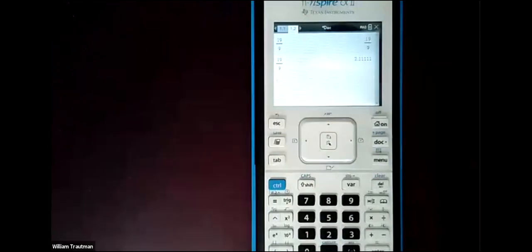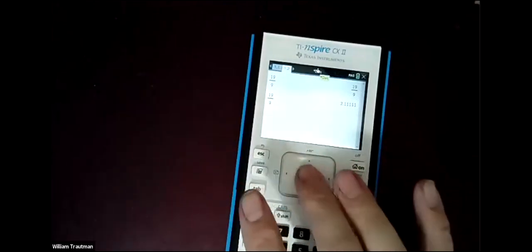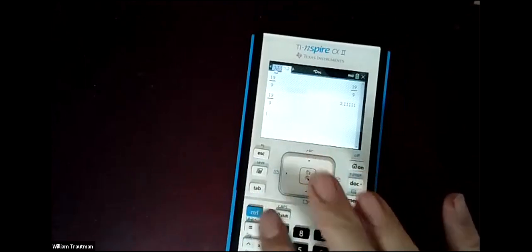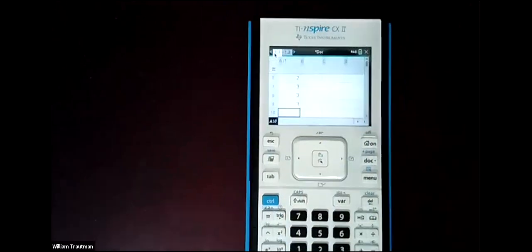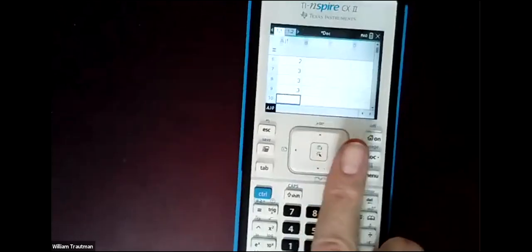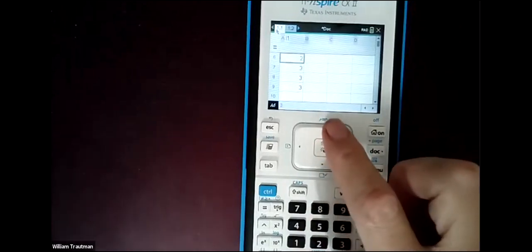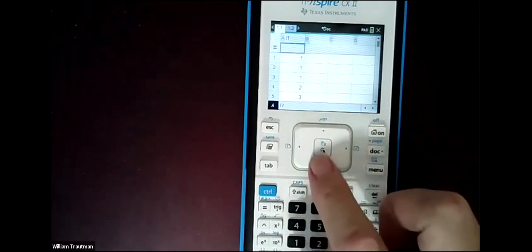It's a little hard to see on the calculator because I'm using the regular calculator, not the electronic one. I think yesterday it was clearer. Anyway, I entered my data into list 1. I labeled it list 1.